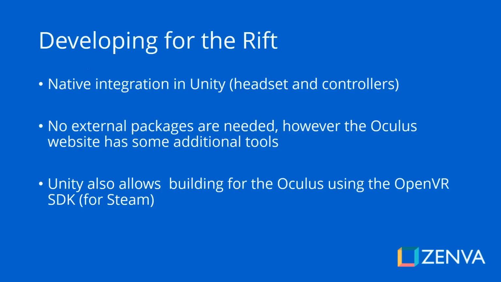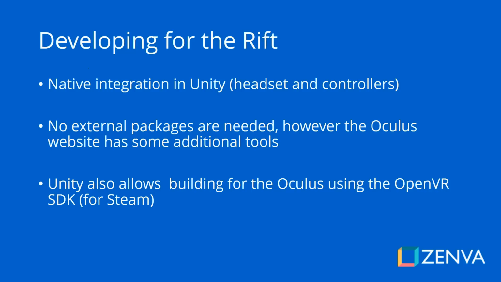But this is the thing. If you build your game for the Oculus SDK in Unity, you'll be able to publish it on the Oculus store, and also you'll be able to use some of these third-party tools that I was mentioning, if that's what you want to do. But you can also build your game in Unity by selecting OpenVR as a target.